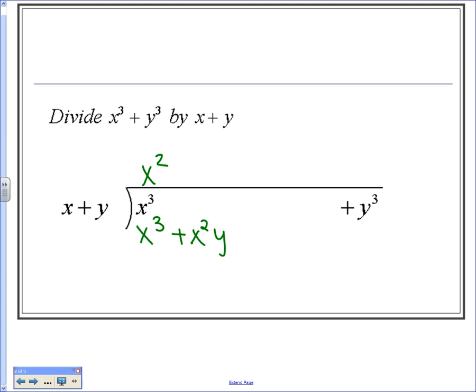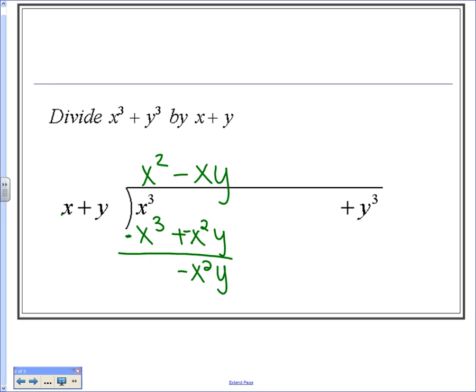So once we get our two terms, what do we do? Subtract this one, subtract that one. What are you left with? Negative x squared y. What do you have to multiply x by to get negative x squared y? Negative xy.